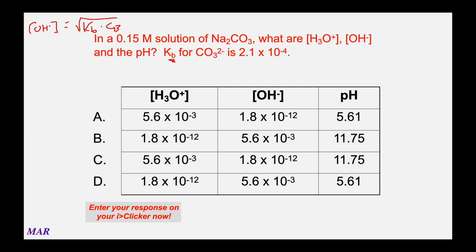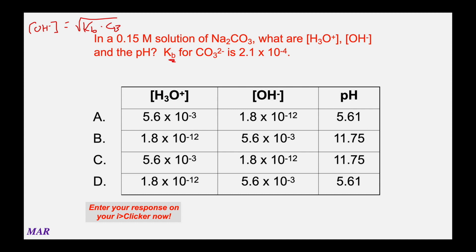And that's how you could find the hydroxide value. You could also use the quadratic formula if you'd like, but that's fine. Once you have hydroxide, you could find hydronium. Hydronium equals Kw divided by hydroxide. And once you have hydronium, minus log of hydronium will give you the pH.